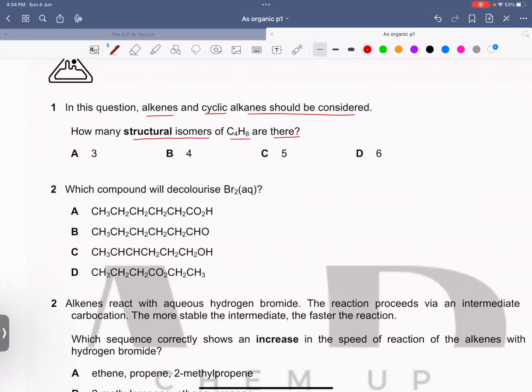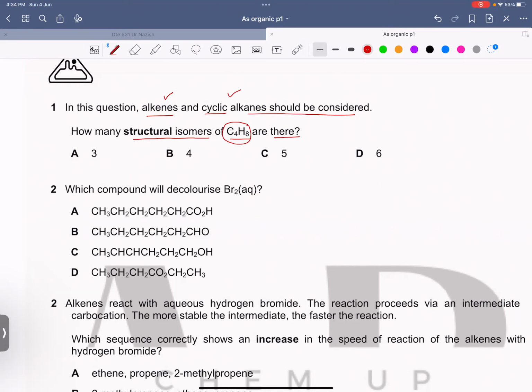So here in this question, you have to consider alkenes and cyclic alkanes both. And you have to figure out how many structural isomers can be formed of this formula C4H8.